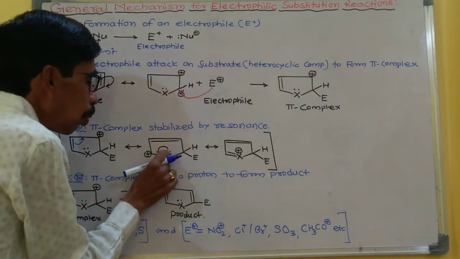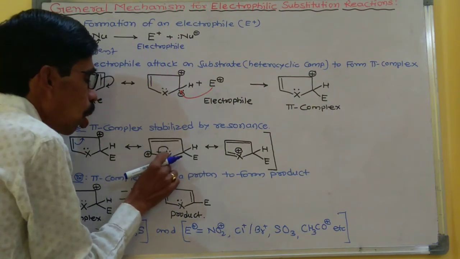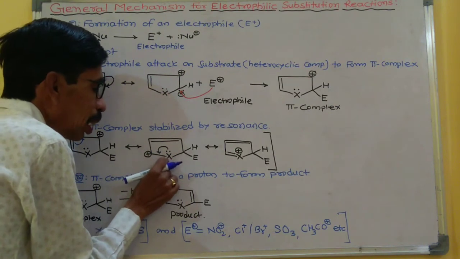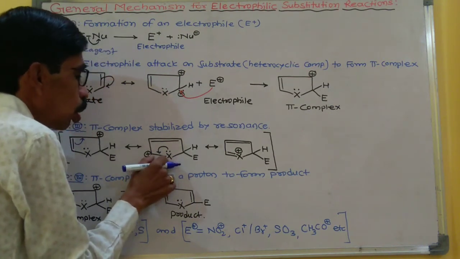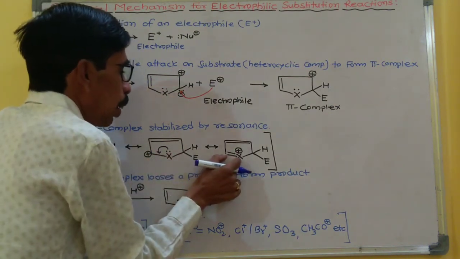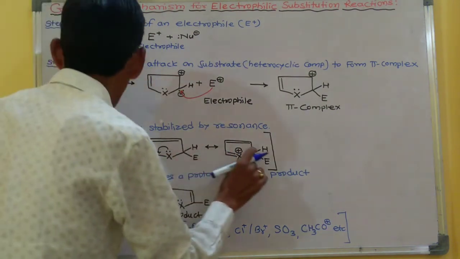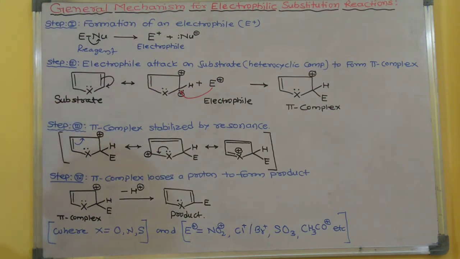Now the lone pair of electrons present on the oxygen, nitrogen or sulfur is transferred between the carbon and the heteroatom to form a double bond, and the heteroatom carries the positive charge. So this is the formation of resonance stabilization in the pi complex.